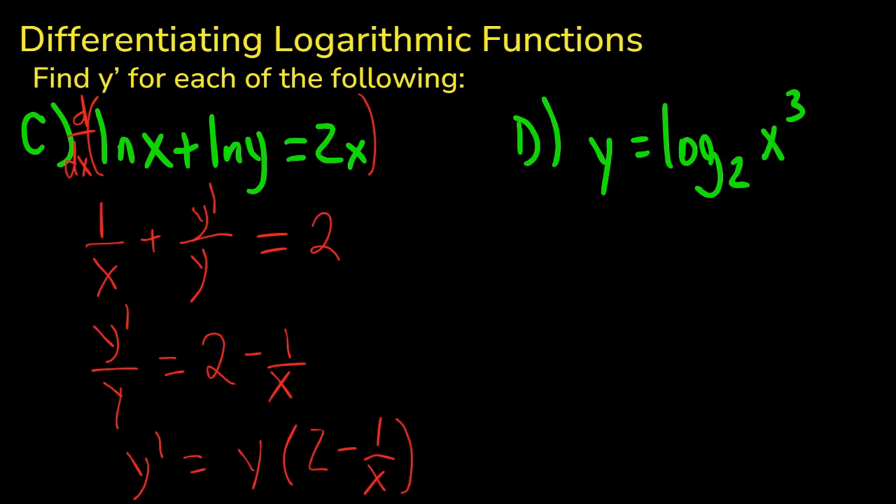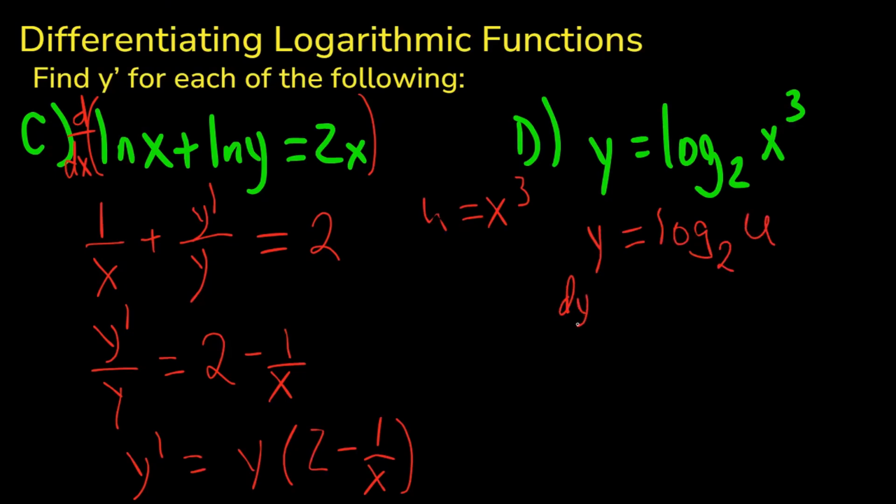For this last one here, or part D, to take the derivative, we can do it in one of two ways. First, we can use the chain rule where we let u equal x cubed, and then this would become y equals log base 2 of u.